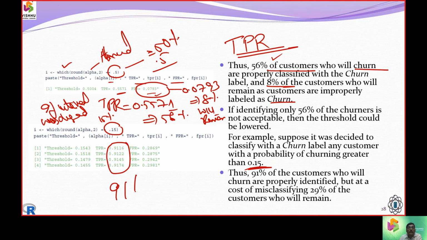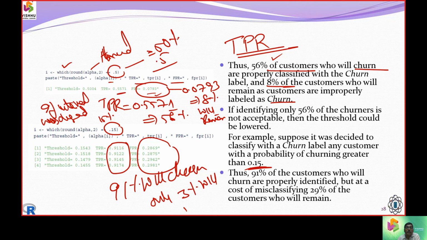That is, 91% will churn, and only around 3% will not churn. So that is what we call here the misclassification rate. So how are we going to derive it? We will derive it from the values between the true positive rate and the false positive rate.